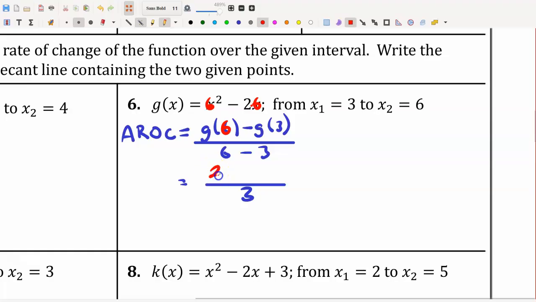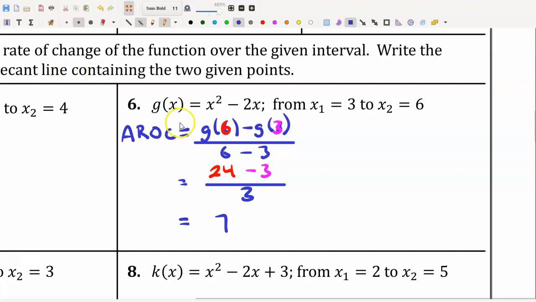Okay, so that's 24 right there, and then we can do g of 3, and we have 3 squared minus 2 times 3, so that's 9 minus 6, so that's going to be 3. All right. And we can finish this up and calculate the average rate of change, which is 21 over 3, is 7.